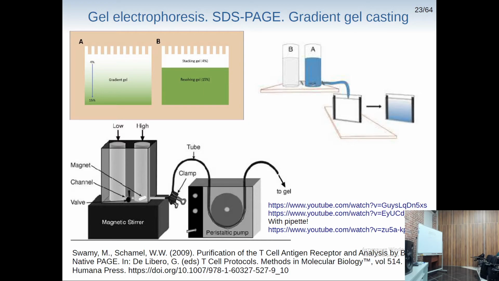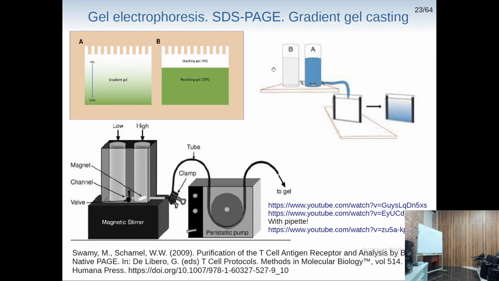You need this equipment, just 2 vessels which have some stopcock between them, and a magnetic stirrer. And then you put 2 different concentrations of your gel here and here.